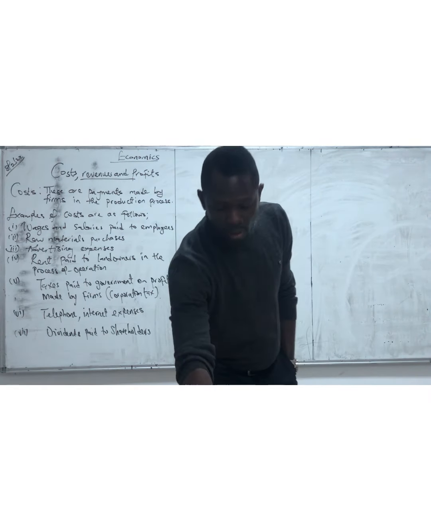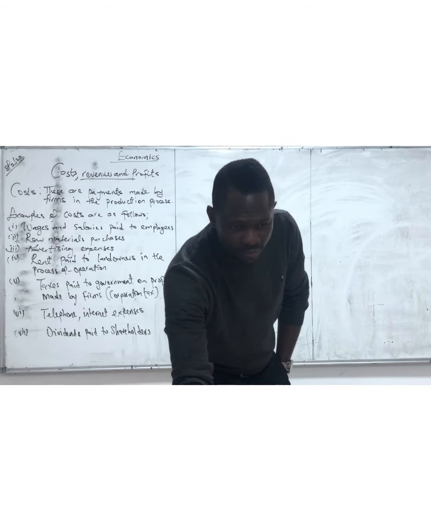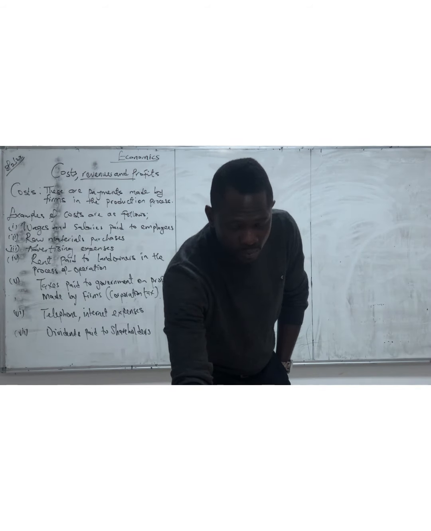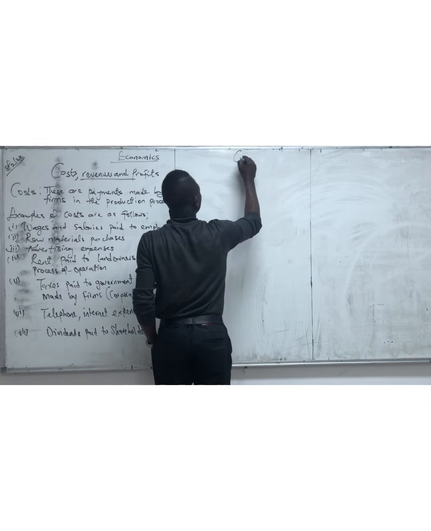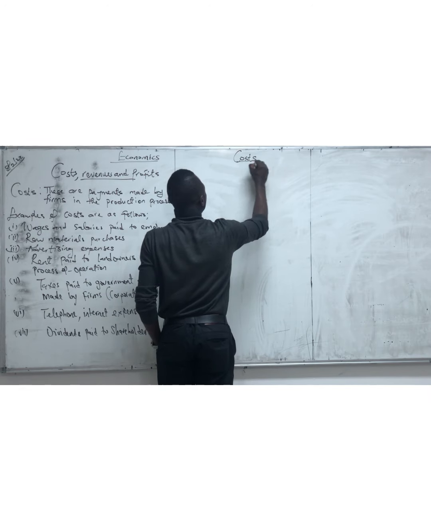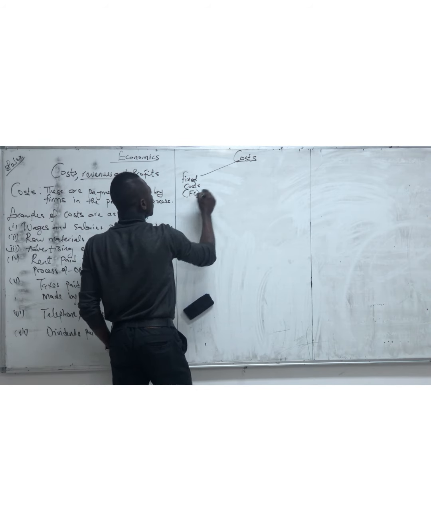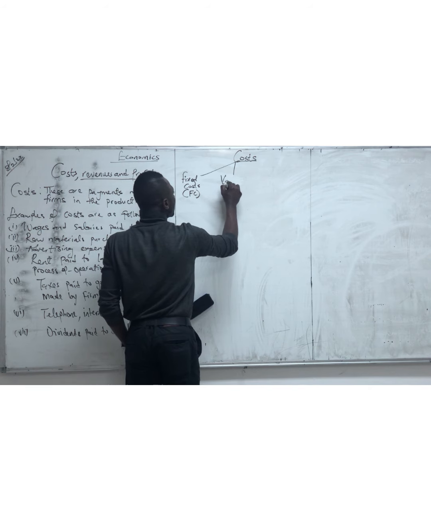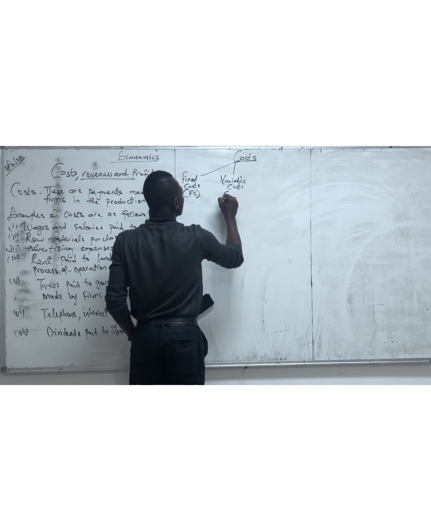Alright. So we move to the categories of costs we have. So we have 4 categories of cost. We have fixed costs, which is FC. We have variable costs, which is VC.